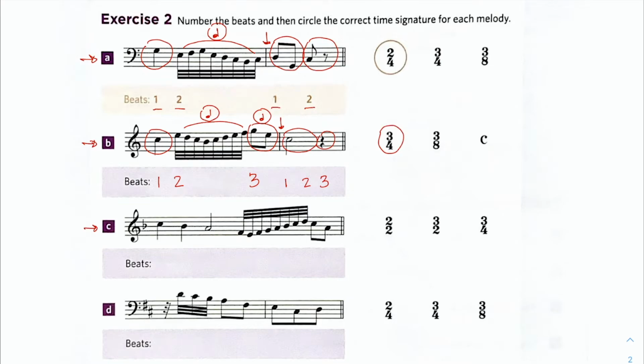Question C. If you look at question C, you will notice that there is only 1 bar of music here. There's a double bar line at the end. Now we see that there are 2 crotchets, so let's say crotchet, crotchet. Then the minim is worth 2 crotchets.